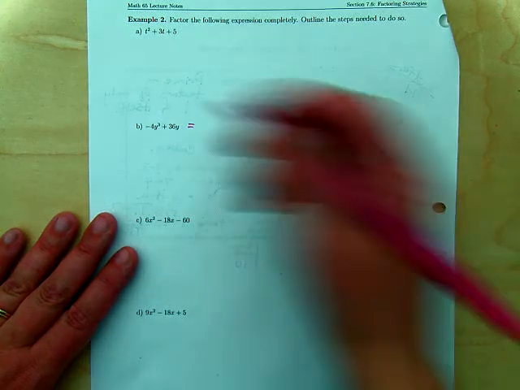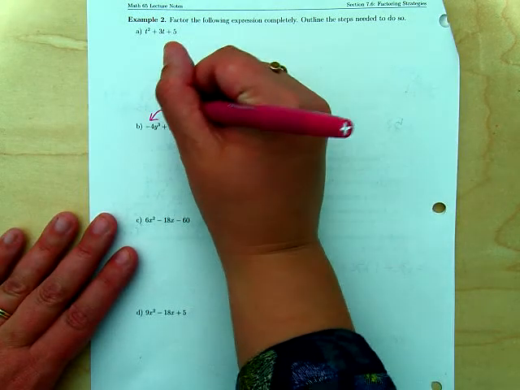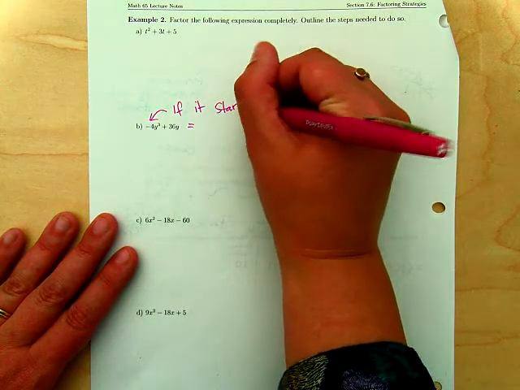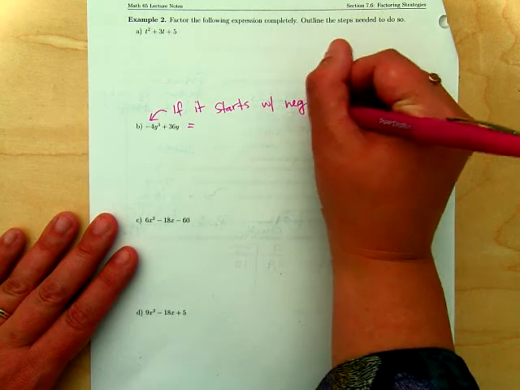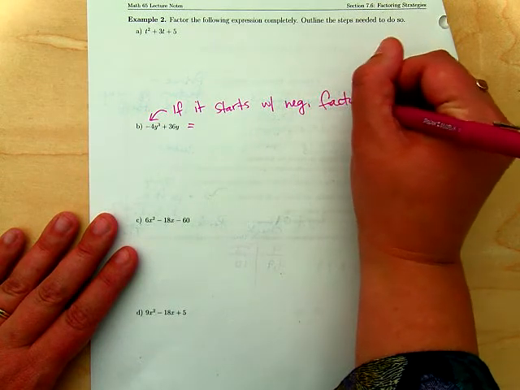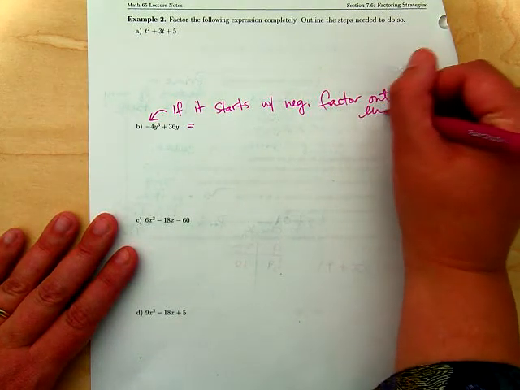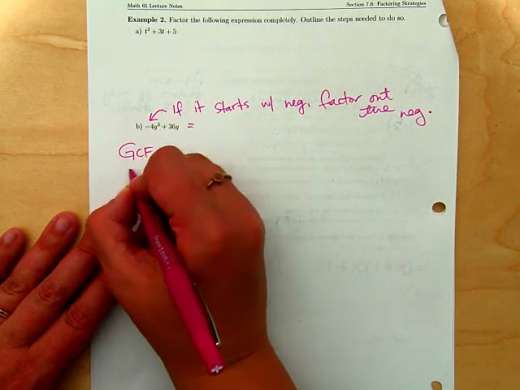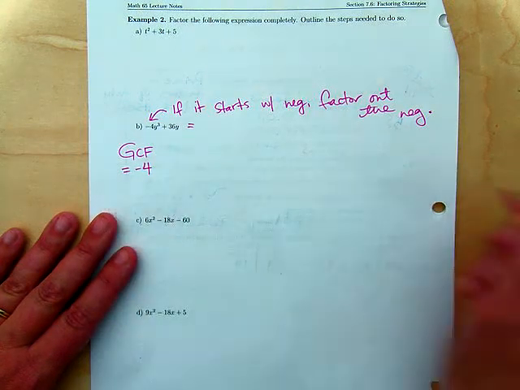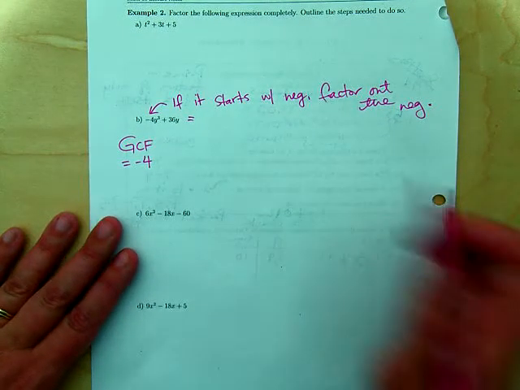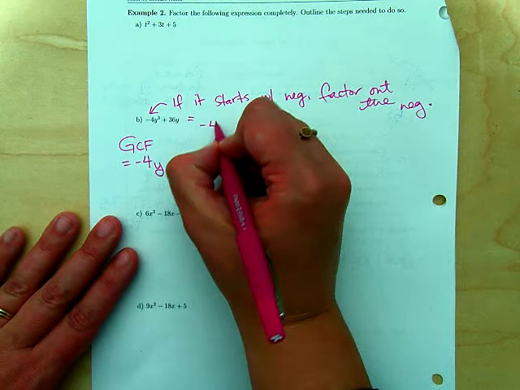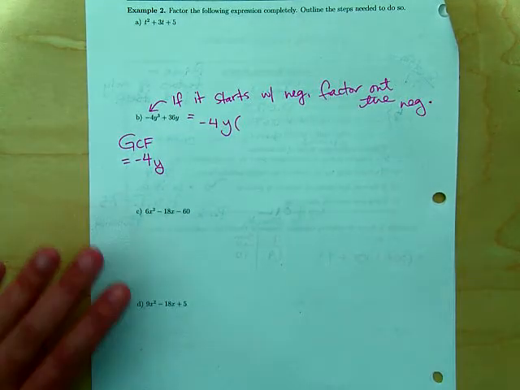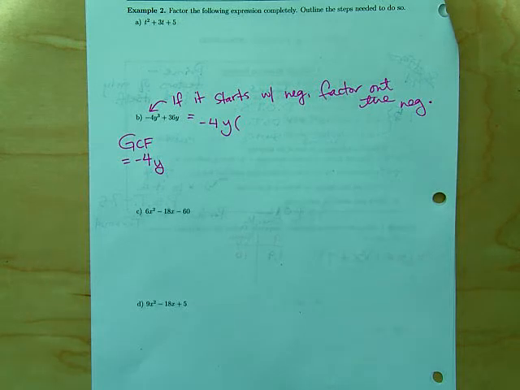Yeah, because another rule we didn't actually go over, but I've said it in the past, if it starts with a negative, factor out the negative. So we are seeing here that the GCF is -4, anything else? Y. -4y. And if you divide both terms by -4y, what will you get?